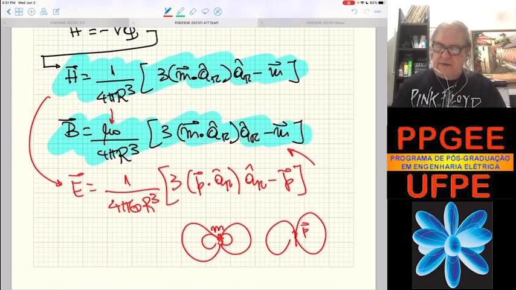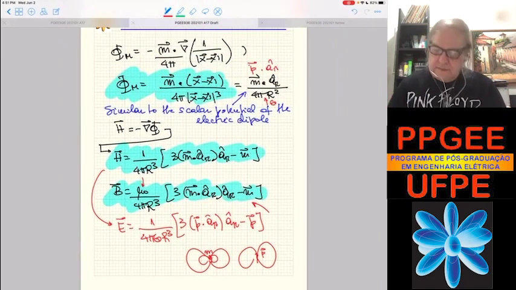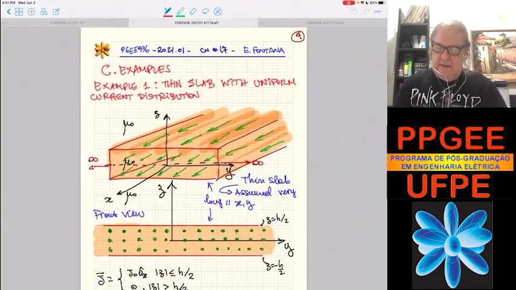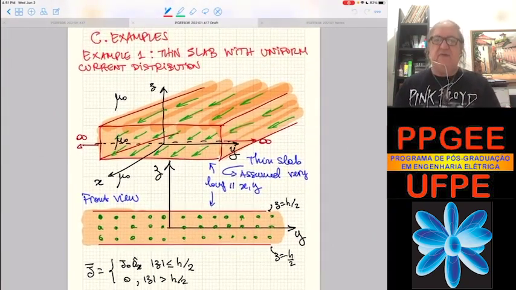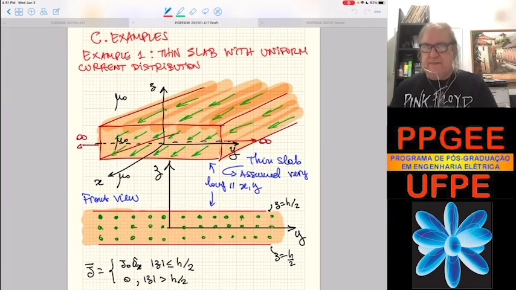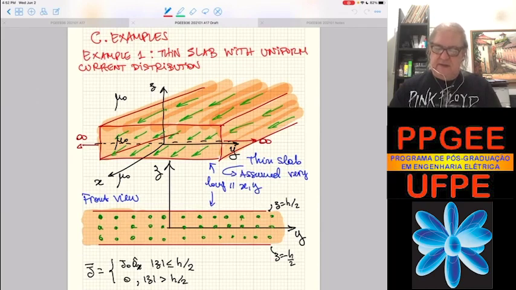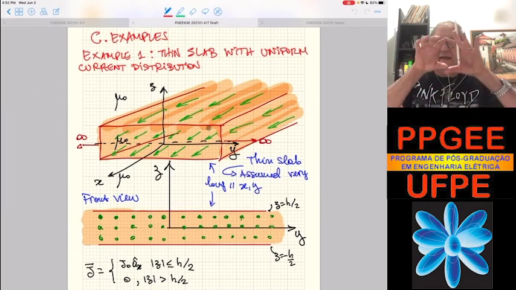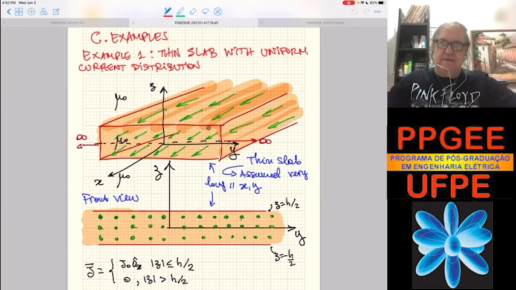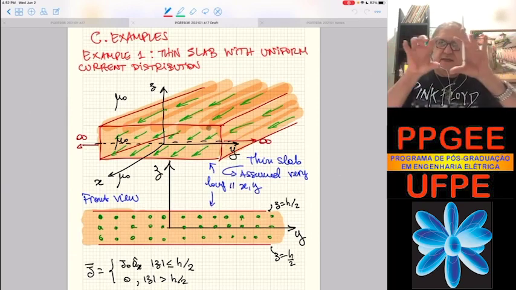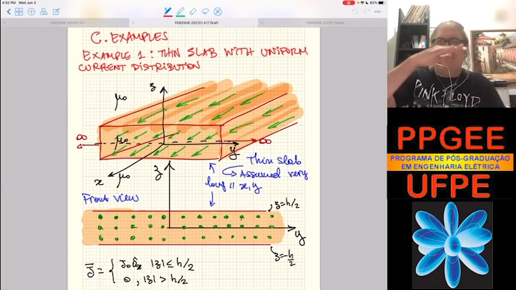Let's do some examples. First one, a thin slab with uniform current distribution. Suppose you have this geometric construction, in which you have a plate that occupies a region in space which ends on flat surfaces.